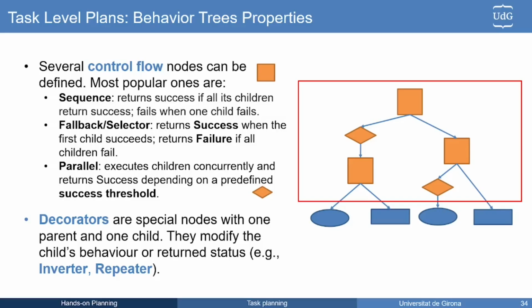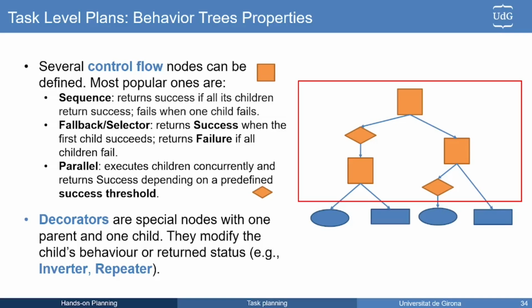Finally, there are the decorators. Decorators are useful for some things. For instance, here I want to check something, but checking that just takes half a second, and it returns me success or failure. But if it returns a failure, I don't want to directly return a failure in this sequence. I want to keep trying up to 10 times.